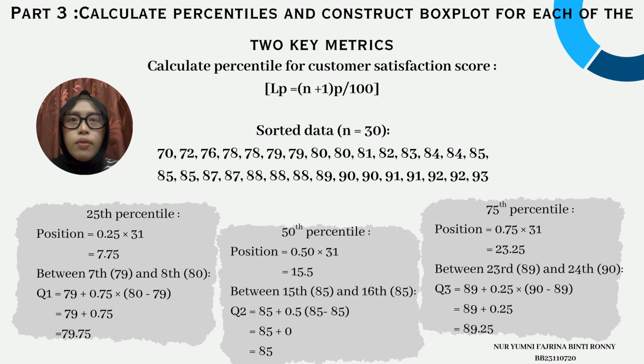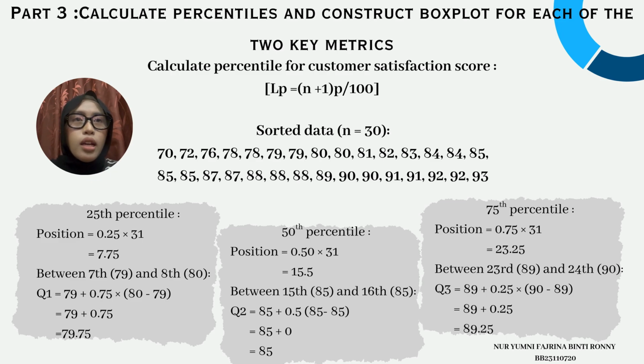For the 25th percentile, the position equals 7.75, between the 7th (79) and 8th (80) values, which equals Q1, which is 79.75. For the 50th percentile, the position is 15.5, between the 15th (85) and 16th (85) values, which equals Q2, which is 85.